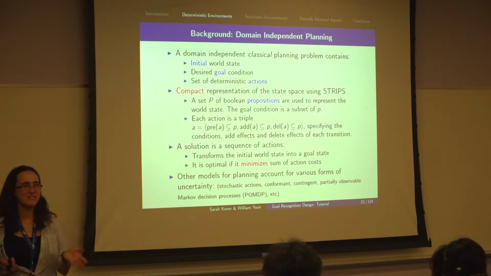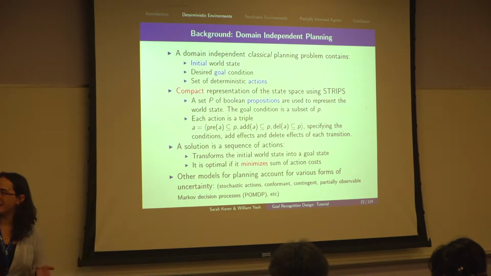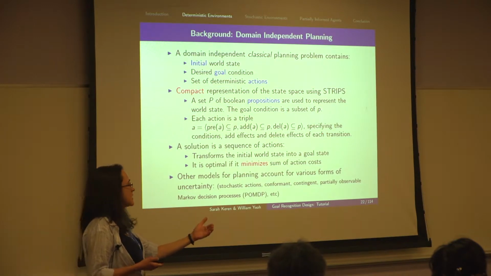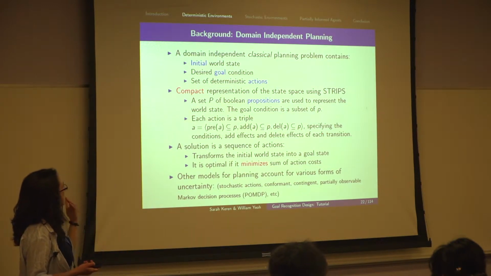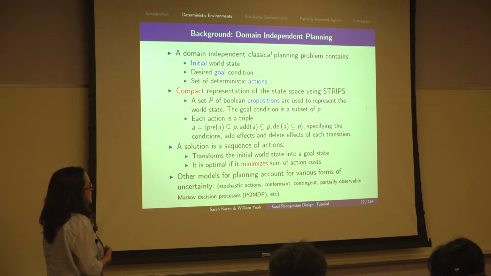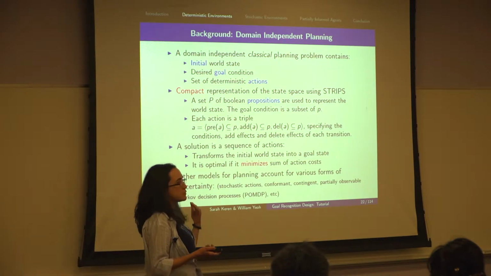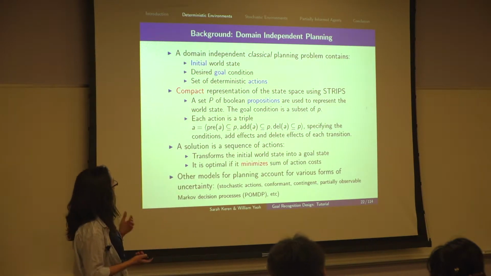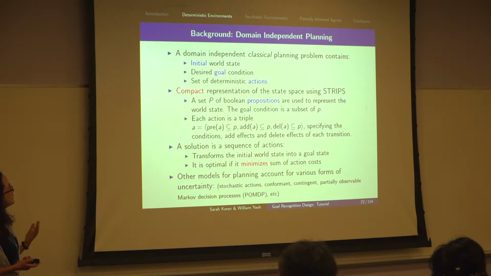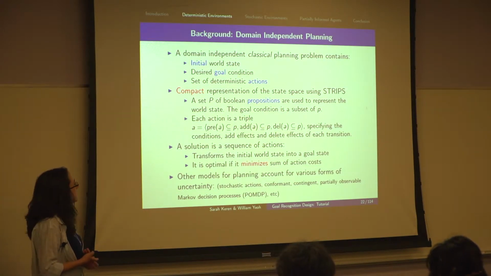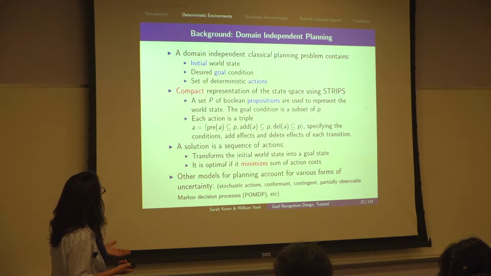We're here at ICAPS, you all know this, but I'll cover it briefly again. We have an initial world state, we have a desired goal condition, and we have a set of deterministic actions that change the state of the world. Specifically, we use STRIPS to represent this world, which means we have a set of Boolean propositions that are used to represent a world state, and the goal conditions are a subset of this set.